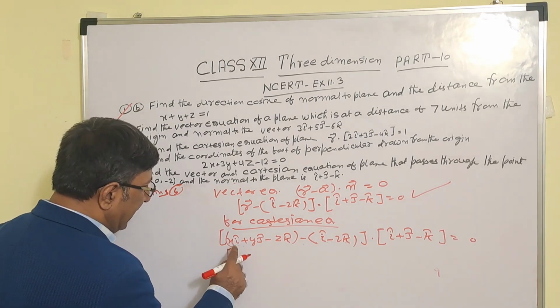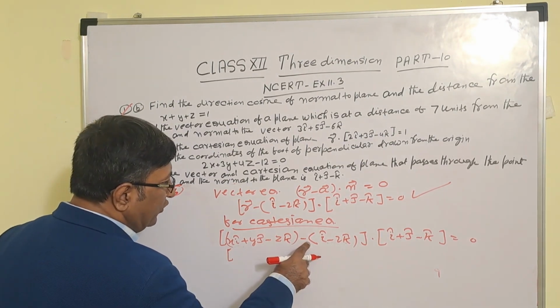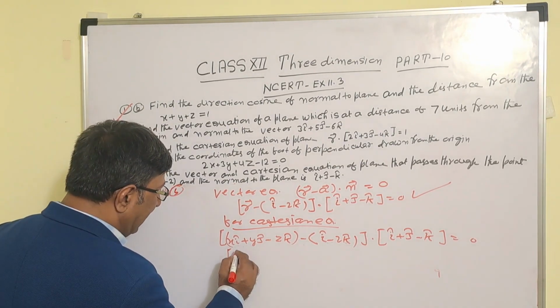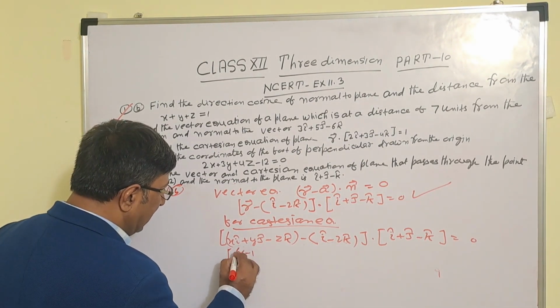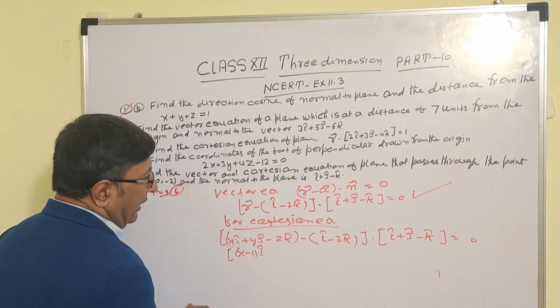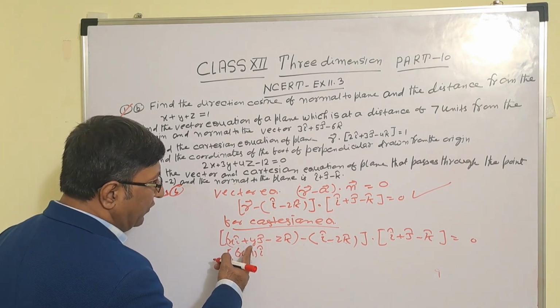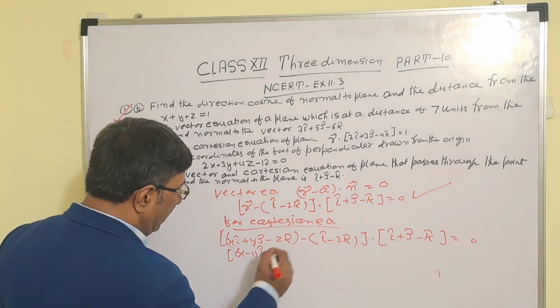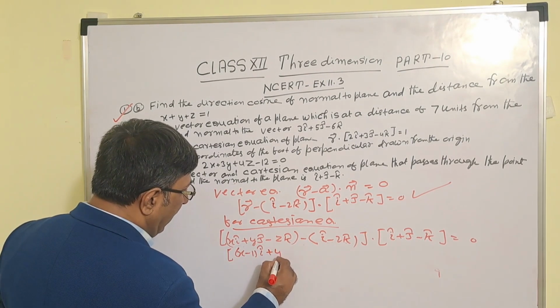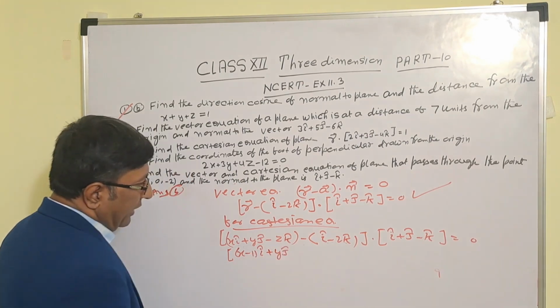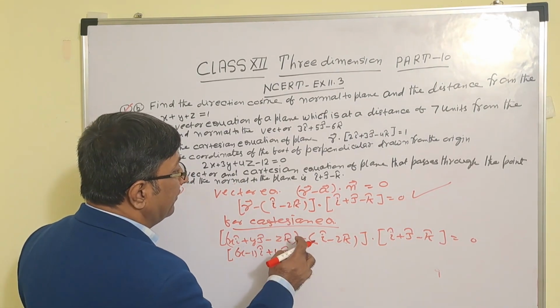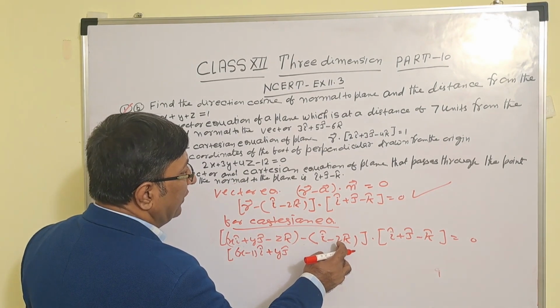Here this is x unit vector i minus unit vector i, so we can write x minus 1 unit vector i. In the same way, here y unit vector j, here y minus 0, so we can write y unit vector j. Here minus zk and here minus minus plus 2 unit vector k.